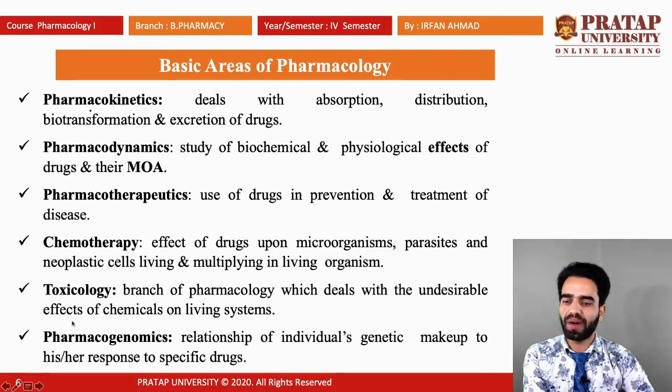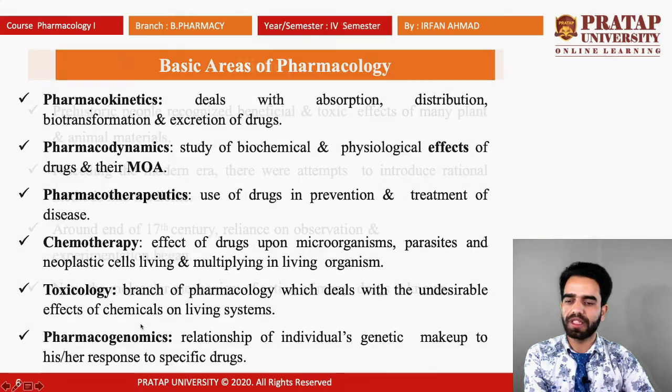And one more is there, pharmacogenomics. It is the relationship of an individual's genetic makeup, meaning DNA, to the response to specific drugs. Each person responds to drugs in a different manner, so we study that in this separate area, pharmacogenomics.